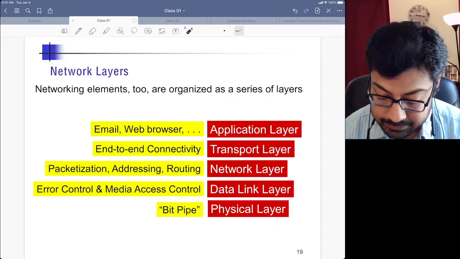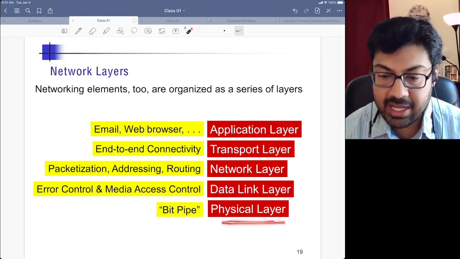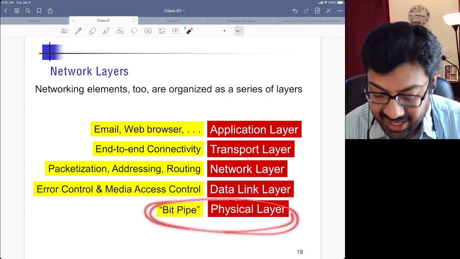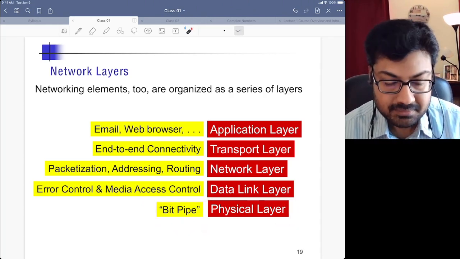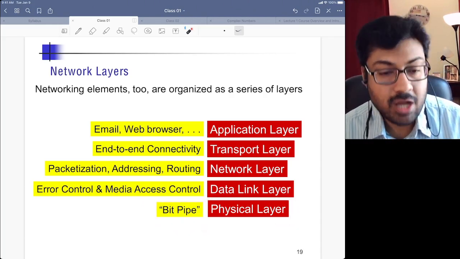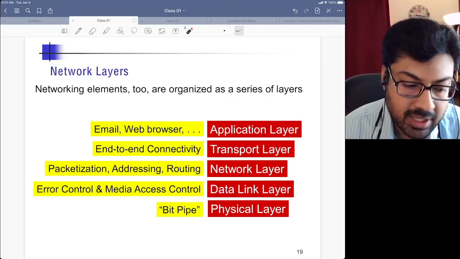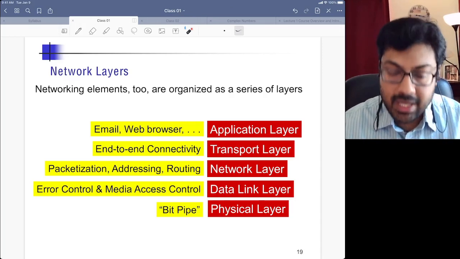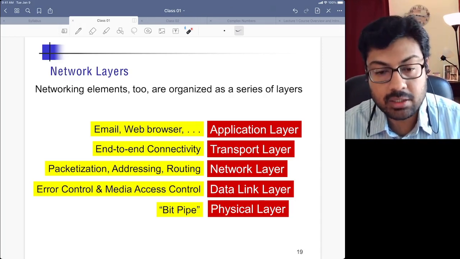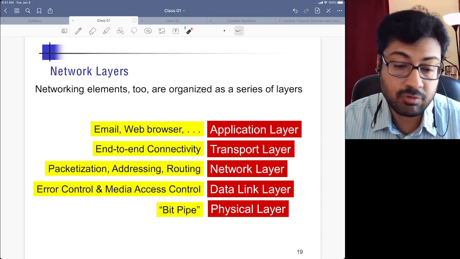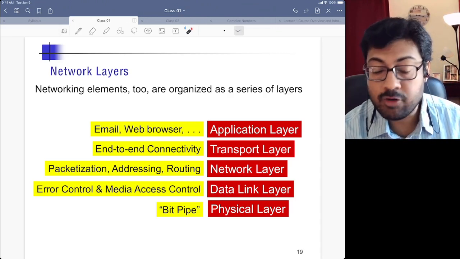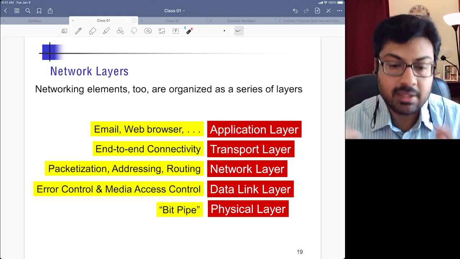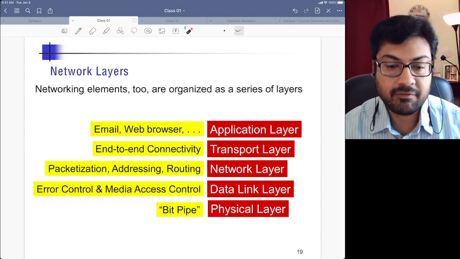When you're looking at the physical layer, most electrical engineers are sort of in this world. If you're talking about wireless communication, then you're looking at the wireless medium as your physical layer. If you're talking about an Ethernet network, then the Ethernet cable is your physical layer. If you're talking about an optical communication link, then the optical fiber is your physical layer.